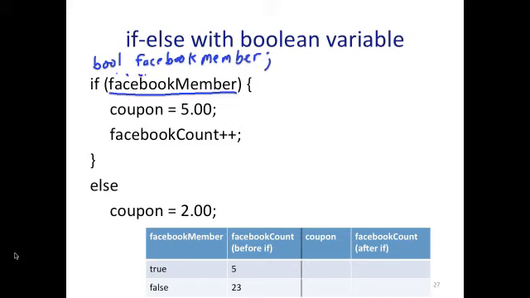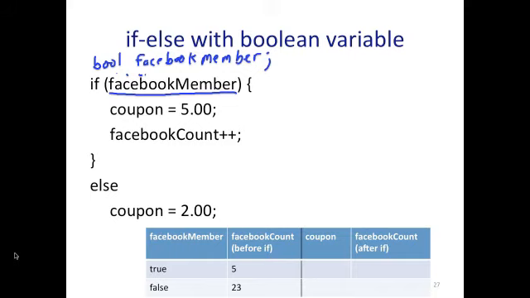We could ask if Facebook member, and Facebook member evaluates to either true or false. So if it evaluates to true, we're going to assign 5 to coupon and increment Facebook count. Otherwise, we're going to set the coupon to be 2.